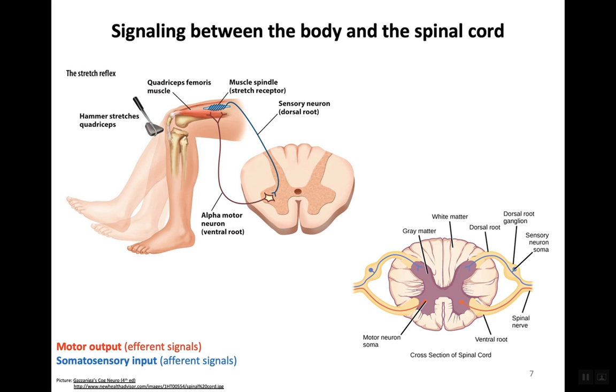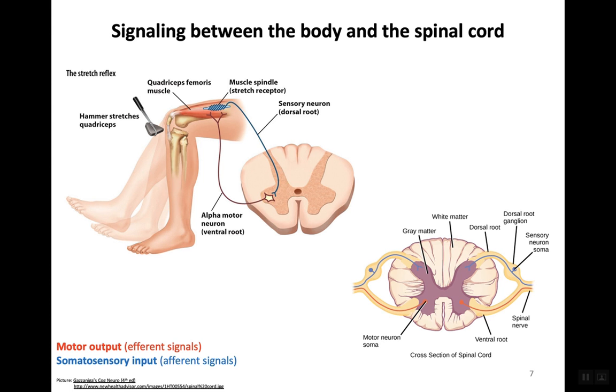Hence, the motor neuron will react right away by triggering a contraction of the quadriceps muscle, protecting the integrity and the functionality of the muscle. So the muscle stretches, and then the alpha motor neuron tells the muscle to contract.